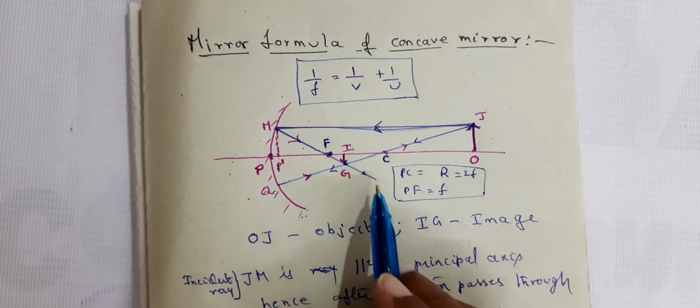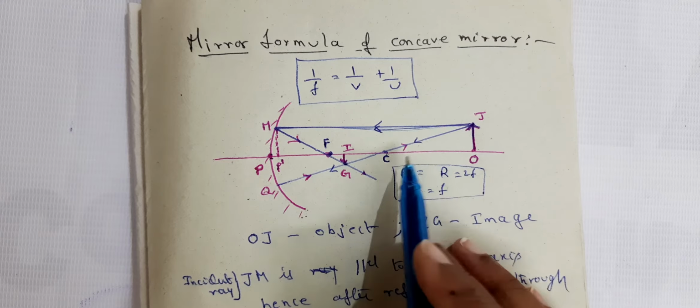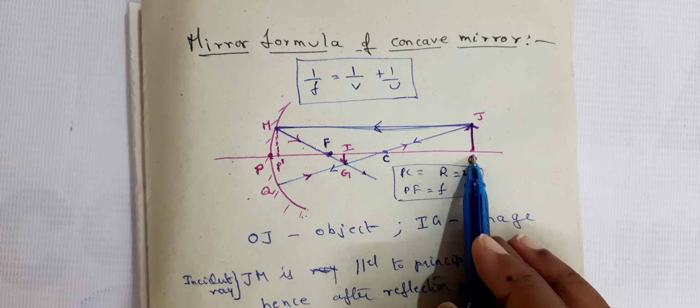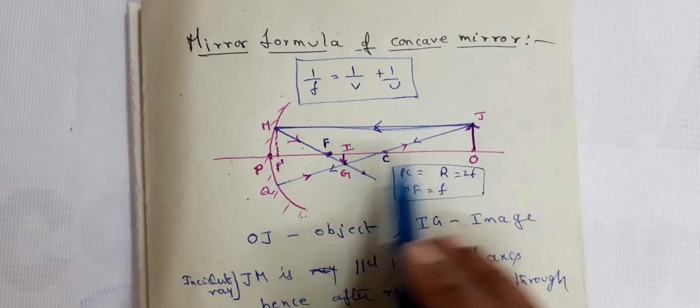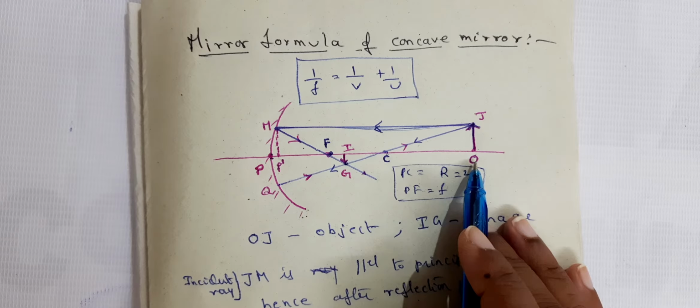Now let the object be beyond C, that is, beyond the center of curvature, away from it.